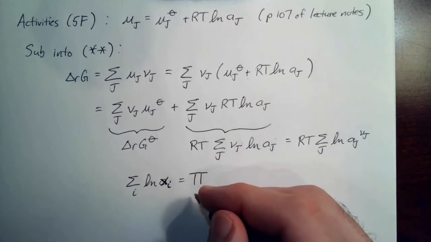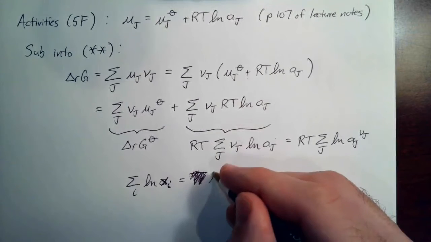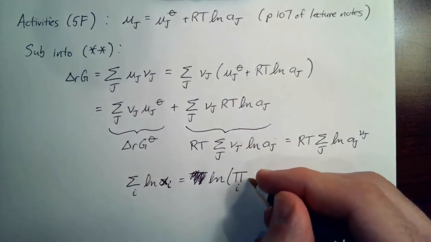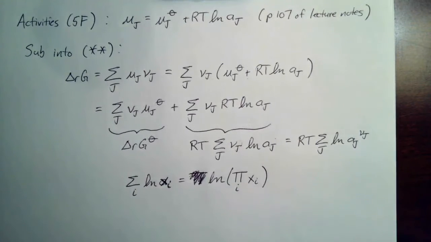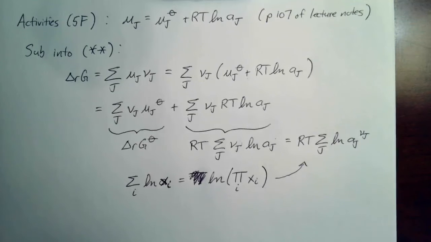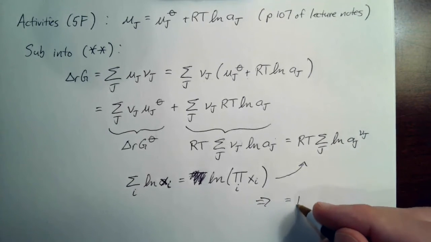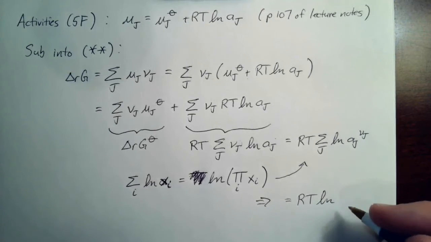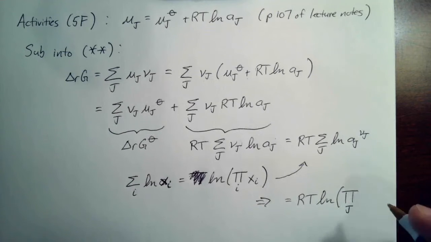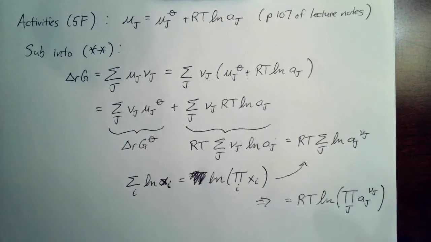So I need to put this inside the natural log: the natural log of the product of all of these xi's. I can use that right here, and this term becomes the natural log of the product over all j of aj to the νj.